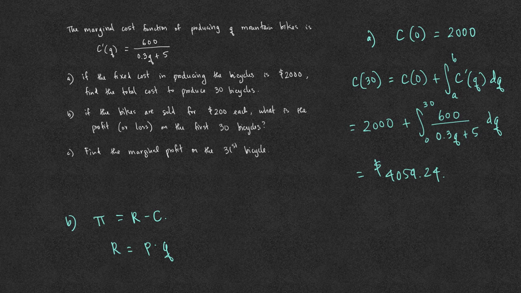If the price of the bicycle is $200 each and we sell 30 bicycles, then the revenue is simply the price 200 times the quantity 30, or 6,000. The revenue is $6,000.